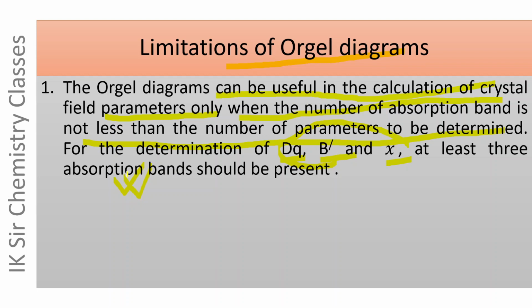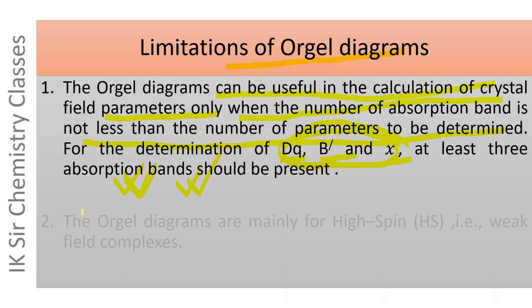In other words, the minimum number of absorption bands should be equal to the number of parameters to be determined. Only then can we calculate three parameters.